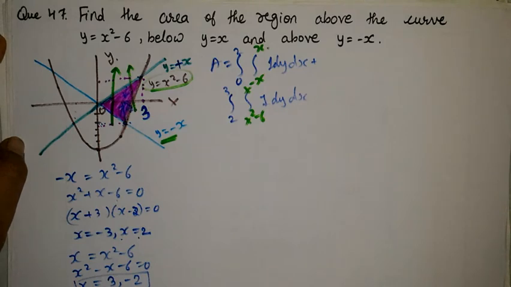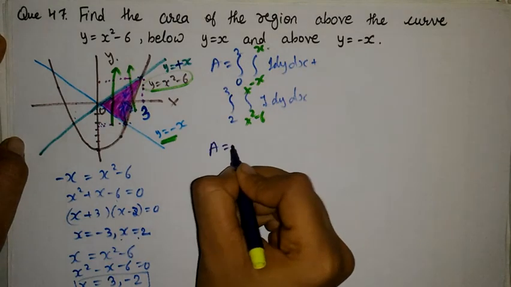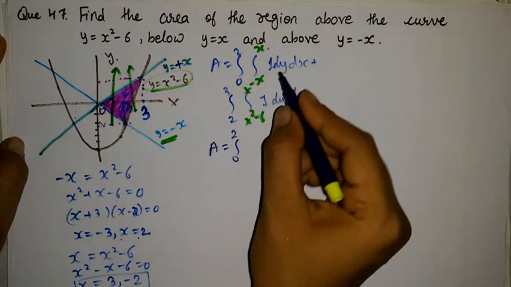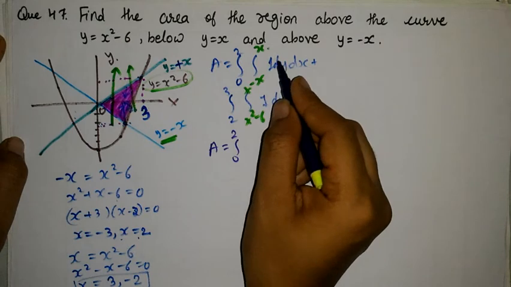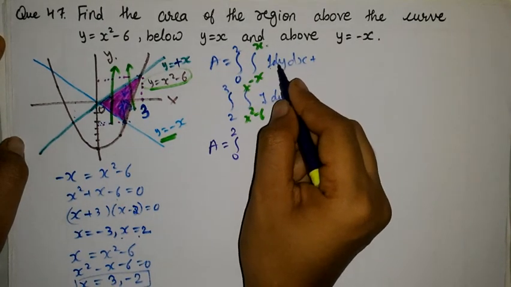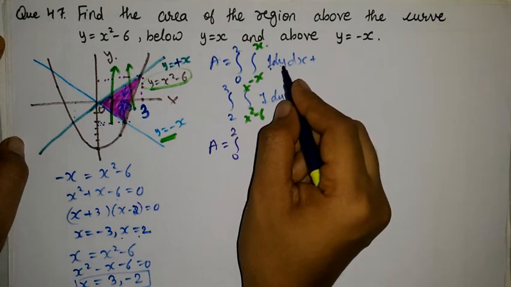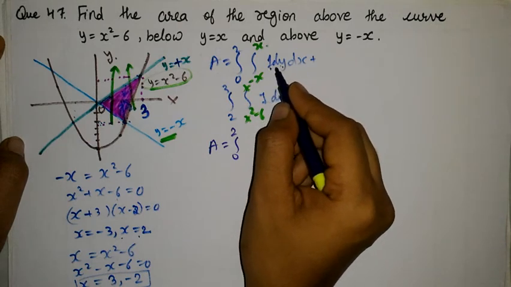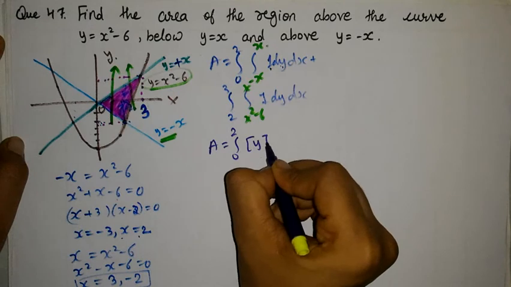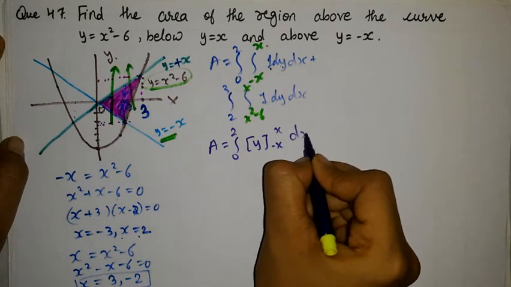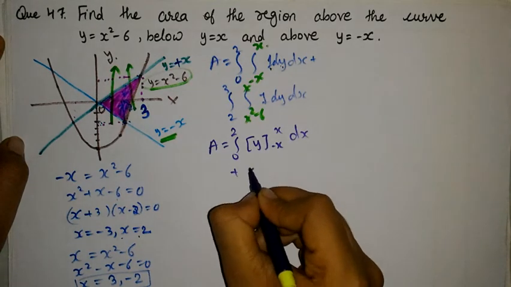Now solving this equation, we get area is equal to integral of 0 to 2. Now we have done this thing in many sums, so I don't need to write every step. With respect to dy, the integration of 1 is y, its limits are from minus x to x dx, plus 2 to 3.